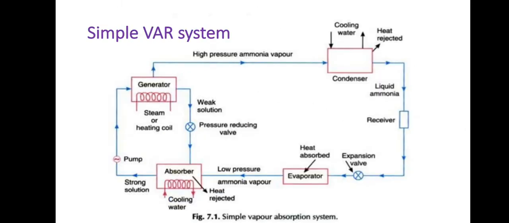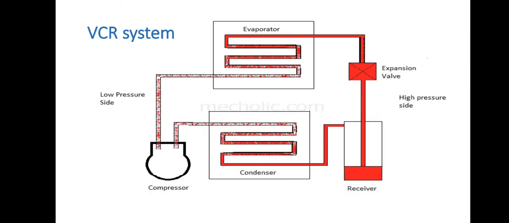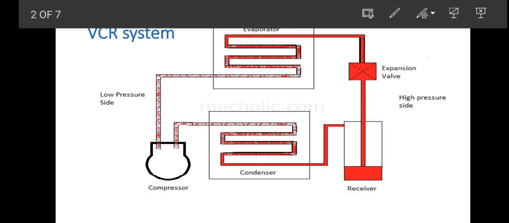Now we will see the simple vapor absorption refrigeration system. So what are the disadvantages of using the vapor compression refrigeration system? In that, the only functional part is the compressor.